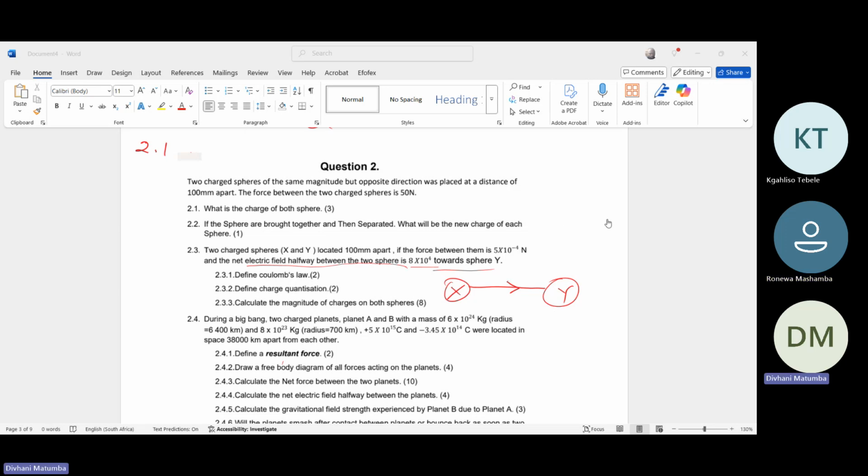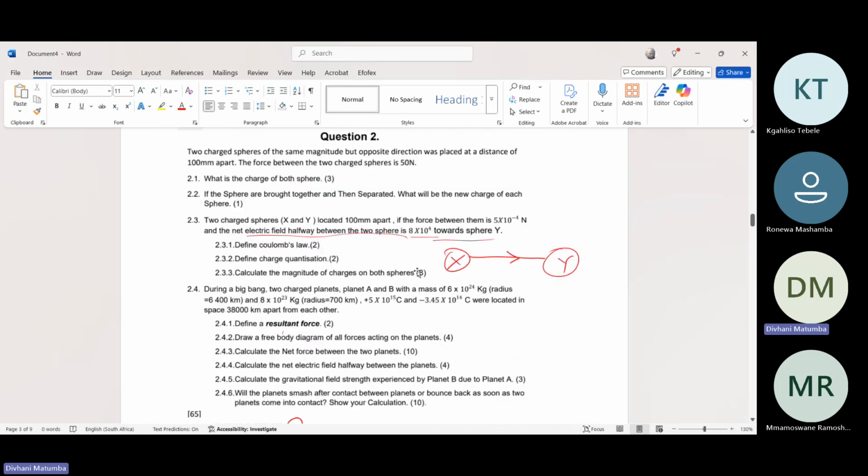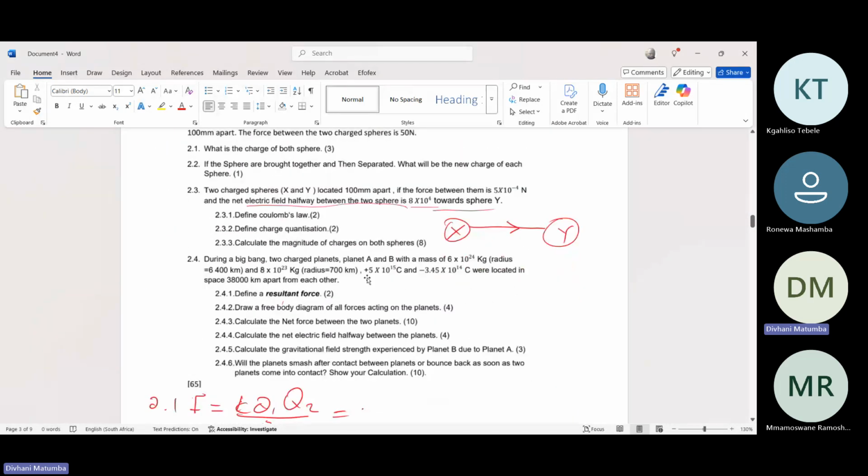Okay, let me accept Mamuswane first. Okay, I think it's in. Because if you check in the question, you will see 2.3. It says if the force between them is 5 times 10 to the power of -4.